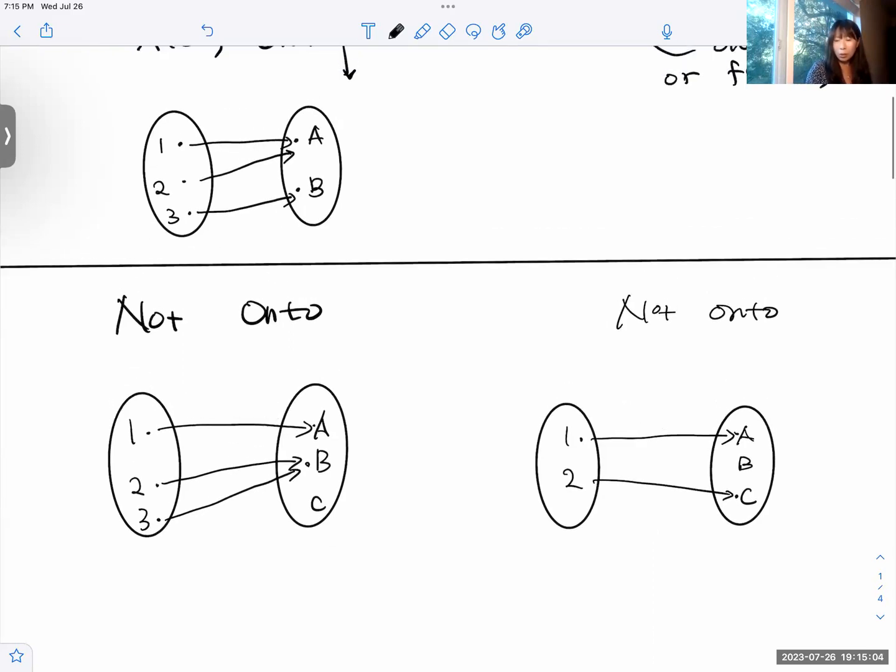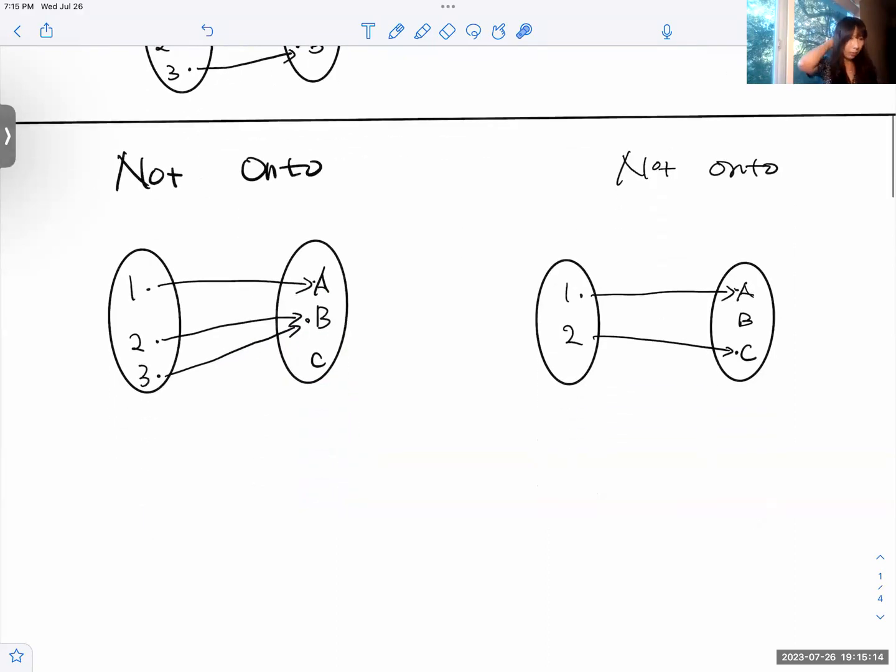So can you say that onto means every element in the codomain must be mapped by an element in the domain, right?